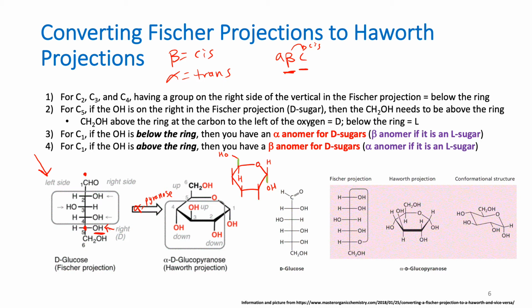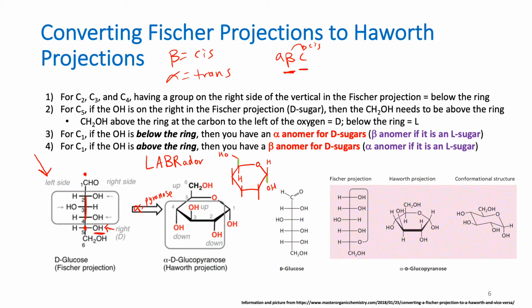Well, the way I first learned how to do this was I said Labrador. And the way I solved it, and this only pertains to carbons 2 through 4, just make that clear. It only pertains to these carbons right here.